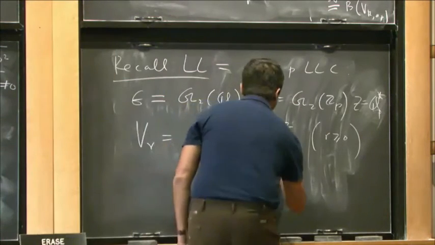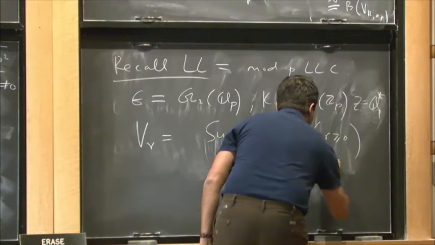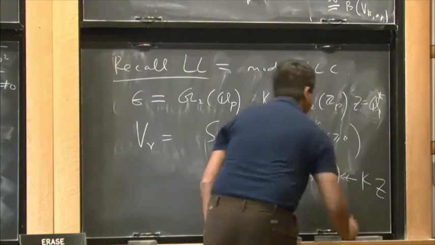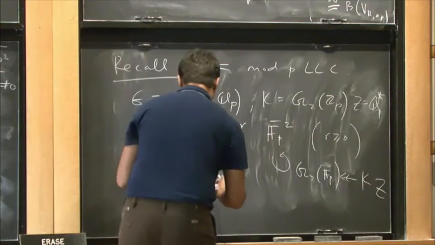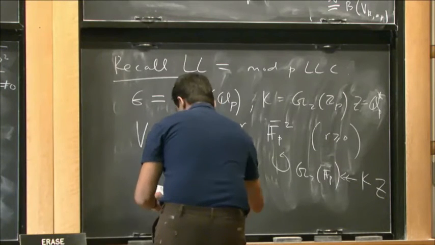So these are representations of GL2(F_p), and therefore of K. And therefore of KZ, you just make the uniformizer act trivially. The diagonal matrix p,0,0,p acts trivially. So more notation: lambda is always in F_p bar.